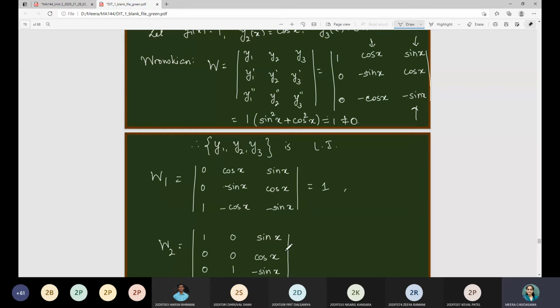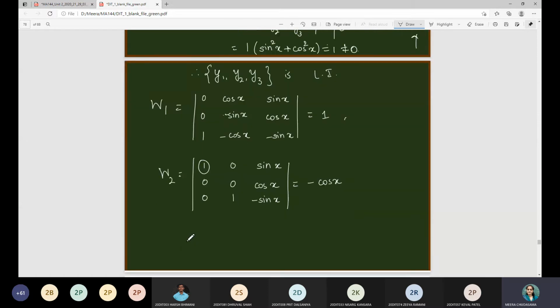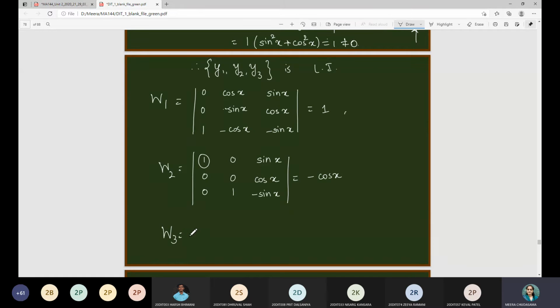If I expand the determinant along this, it is minus cos x. And W3: the first column as it is, the second column as it is, cos x, minus sin x, minus cos x, and the third column will be 0, 0, 1, so it is minus sin x.